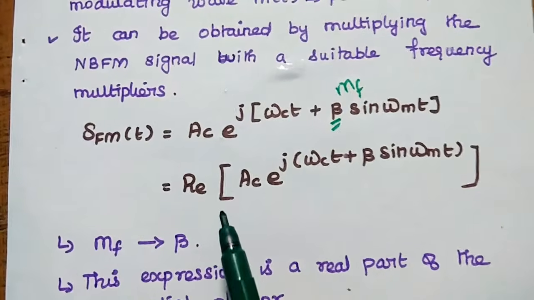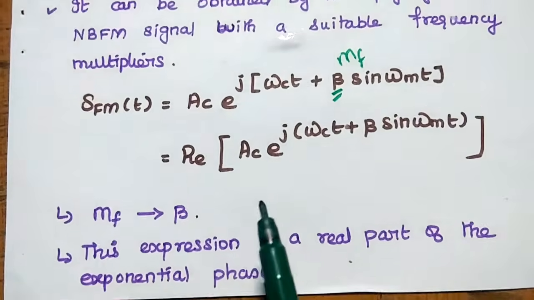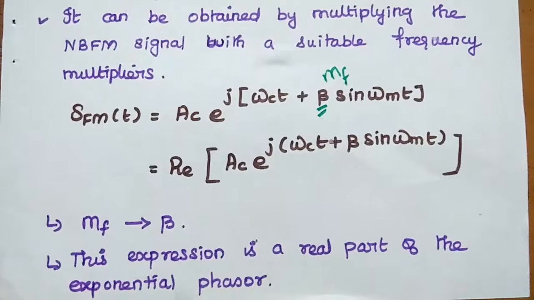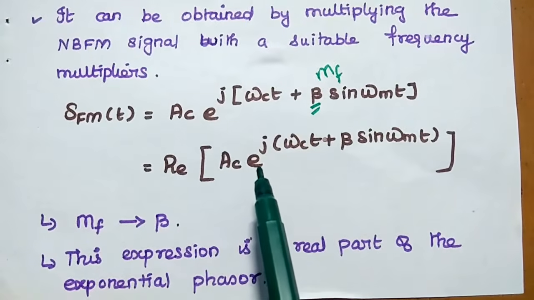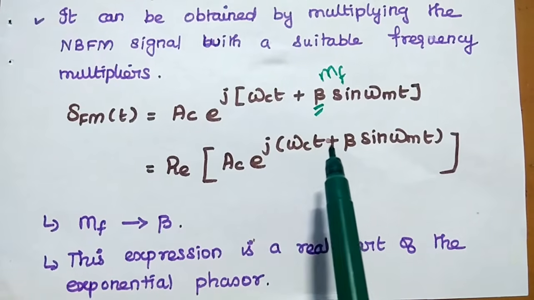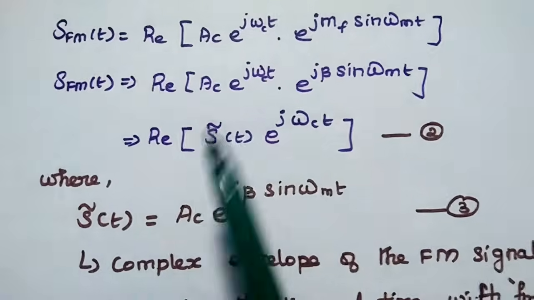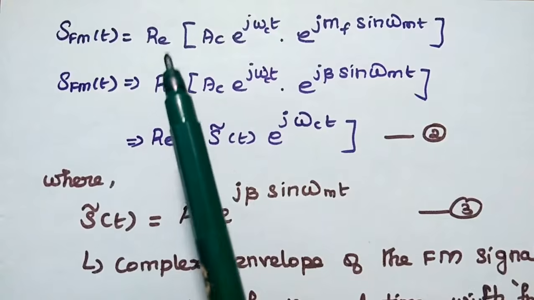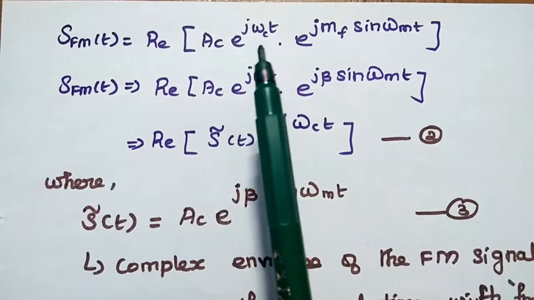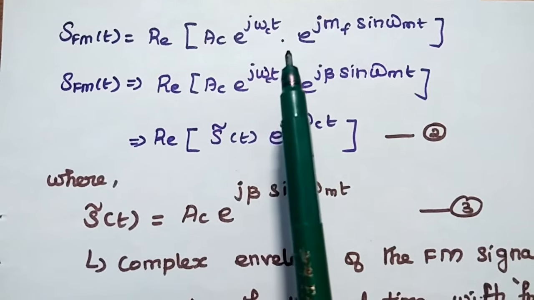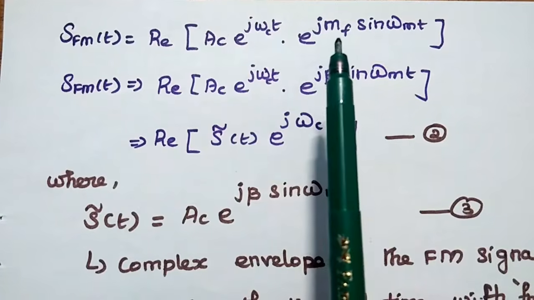Now we are going to consider only the real part of the signal. So next we are going to multiply out this exponential term inside the bracket. We can obtain the frequency modulated wave as the real part of Ac e power j omega c t multiplied with e power j mf sin omega m t.